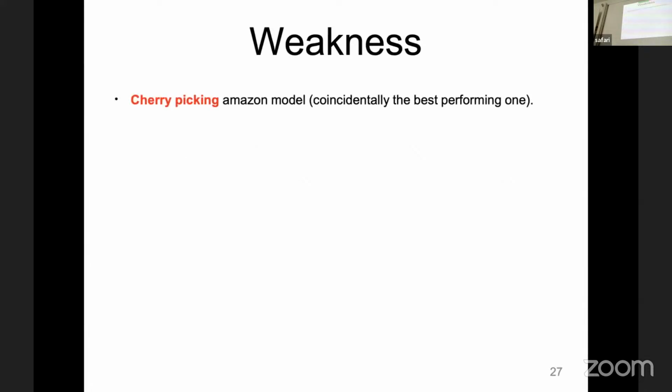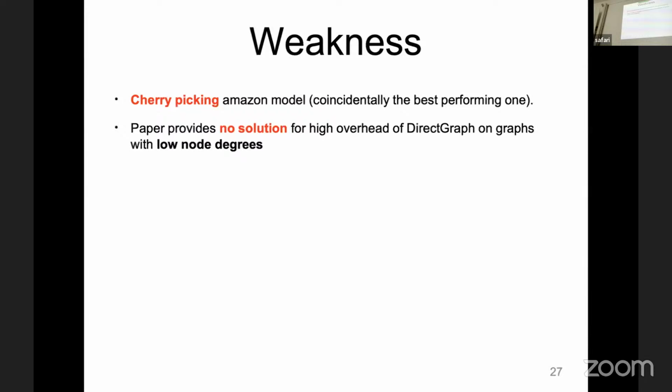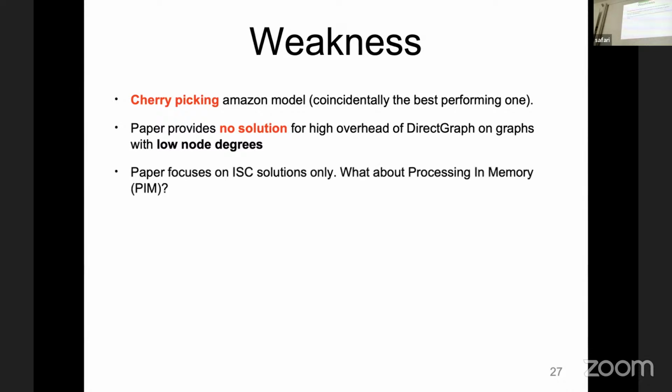Biggest issues here, though, are that they cherry pick Amazon, and they do that on the basis that they claim that Amazon is the most closely resembling data they have to the real world, but they don't give more explanation for this. The paper also doesn't provide any solutions for the high overhead you get for the OGBN dataset and direct graph. It also only focuses on ISC.